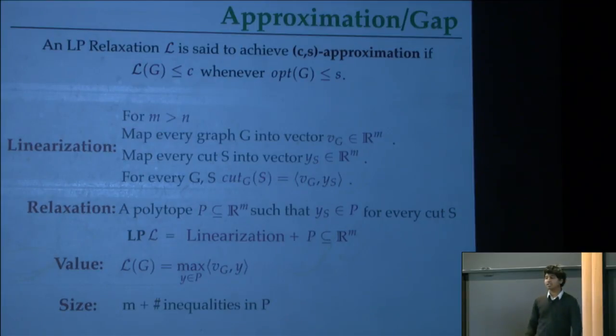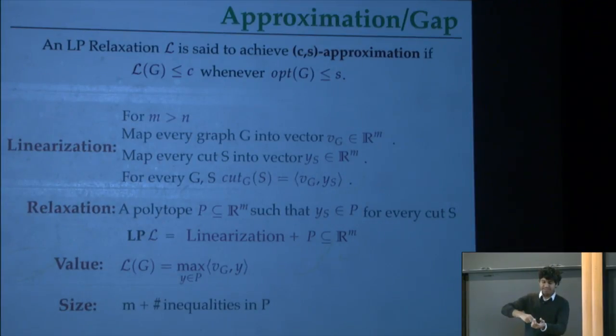And now I want a method to measure the performance of my LP. So I would say that this LP achieves the (c, s) approximation if whenever the optimum of an instance G is at most small s, the LP returns a value which is at most small c. Now we chose a valid relaxation.